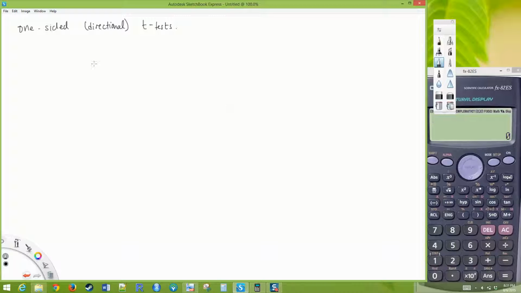Okay, so one-sided tests are tests where the alternative hypothesis has either greater than or less than. Versus, you know, if the alternative has not equal, then it's a two-sided or non-directional test.